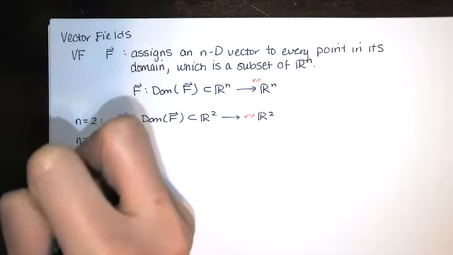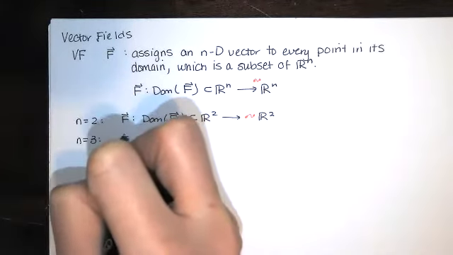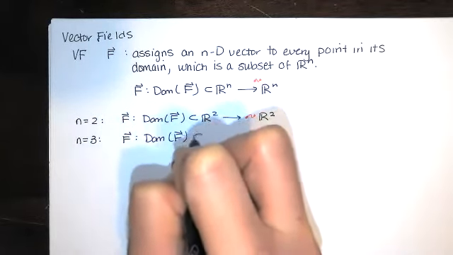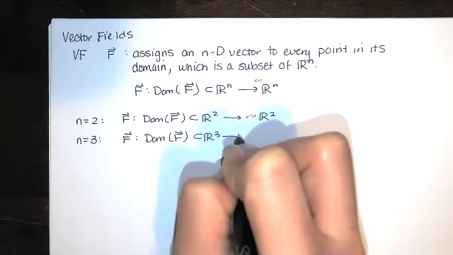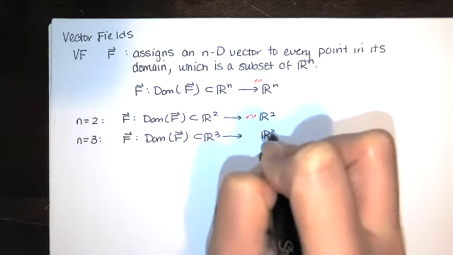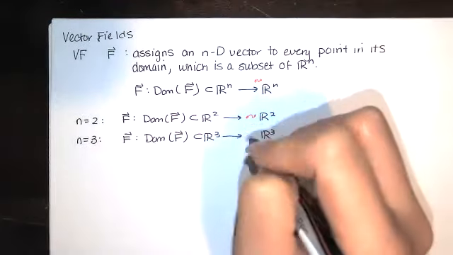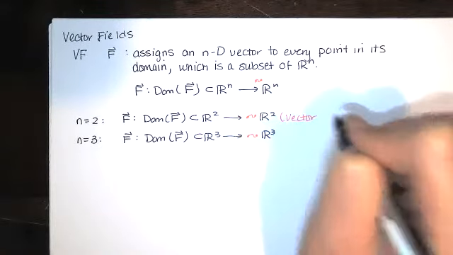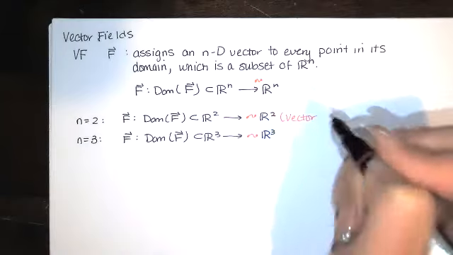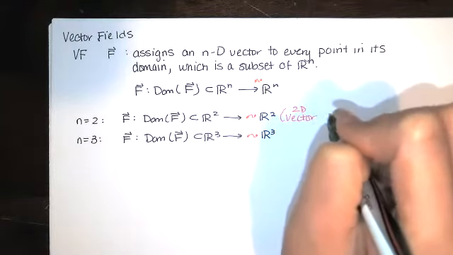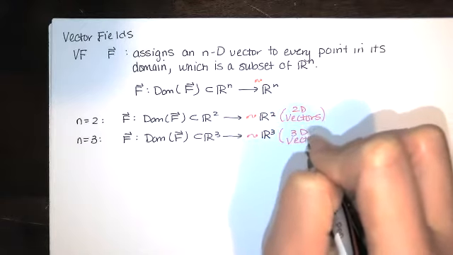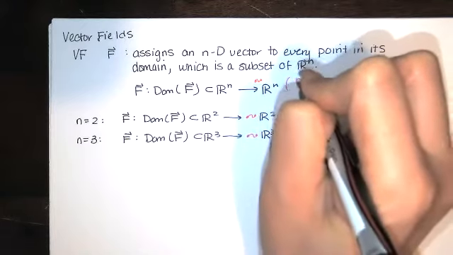And if n equals 3, our field would map from 3-dimensional space to 3-dimensional vectors. I guess I'll call that 2D vectors, and this I'll call 3D vectors. And of course, this is ND vectors.